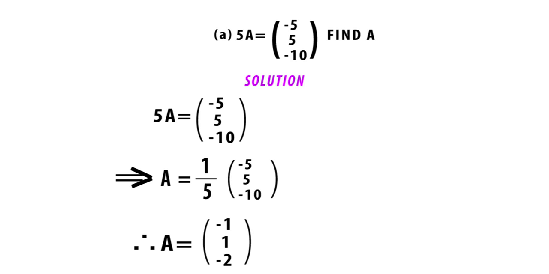Remember, for the matrix, each of the elements will be divided by 5, or 1/5 times each of the elements. And so when we simplify that, we have the matrix -1, 1, -2. Therefore, the matrix A is equal to -1, 1, and -2. I hope that is simple.